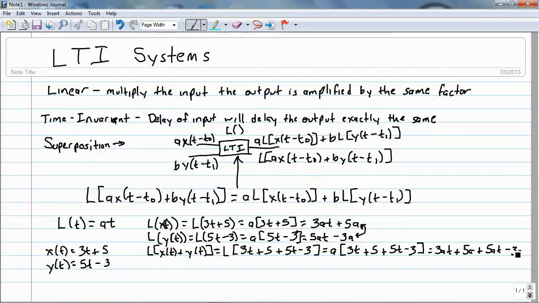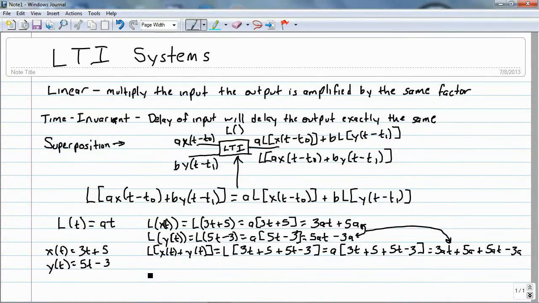And there we go. It's a linear system because the addition of these two individual inputs gets us to the total output.